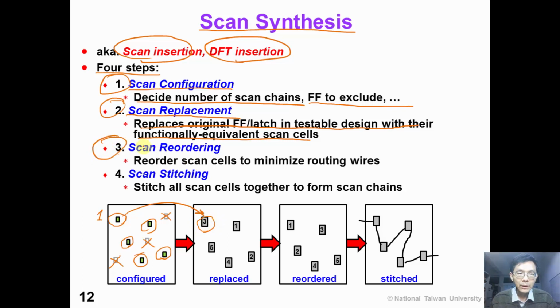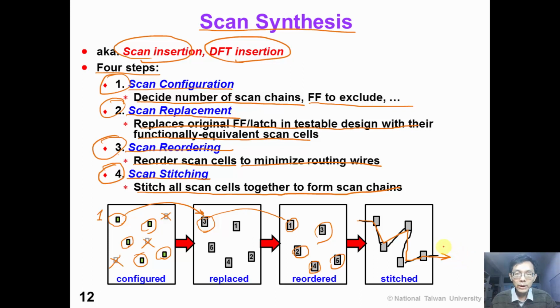And in the third step, scan reordering, we will reorder the scan cell based on the layout information to minimize the routing wires. And in the fourth step, scan stitching, we will connect all the scan cells to form scan chains. In this example, based on the location of the flip-flop, we will reorder the scan cell 1, 2, 3, 4, 5, and then we will stitch them into one scan chain.